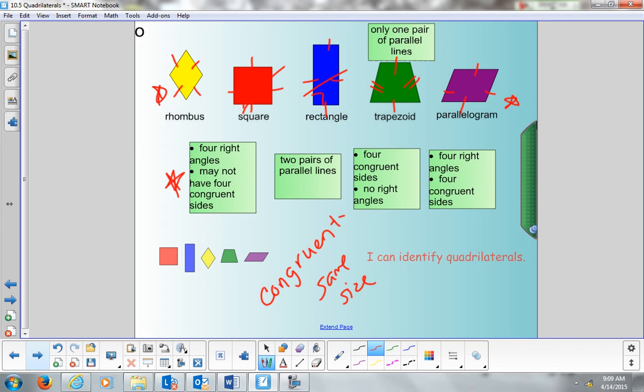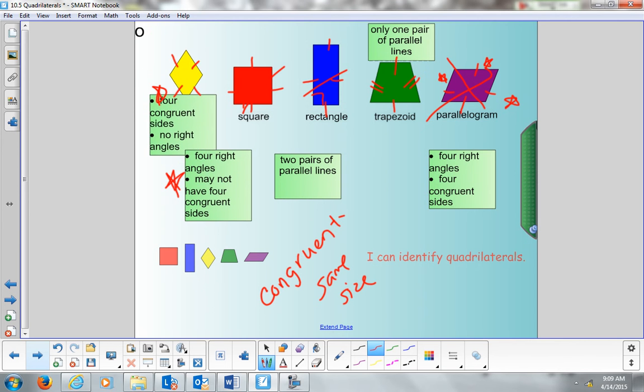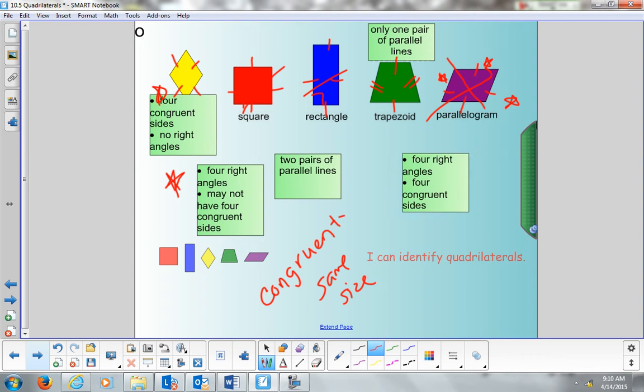Are these sides the same? This one and this side, those look like they're the same size. I don't think so. I don't think that one's going to work. So I think the 4 congruent sides and no right angles is probably going to go to the rhombus, which is similar to a diamond. All right, that leaves us with these 3.